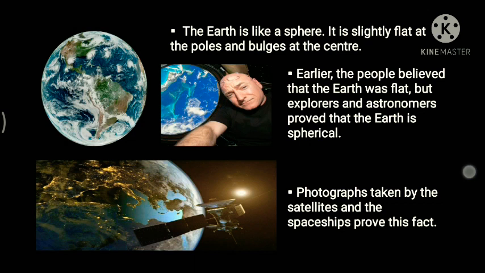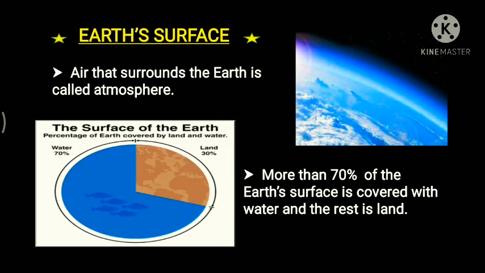Now if we see the earth's surface, earth is covered with land and water. We all know this. Now, the air that surrounds the earth and acts as a blanket is called atmosphere. Owing to the presence of air, water, and soil, life exists on Earth.